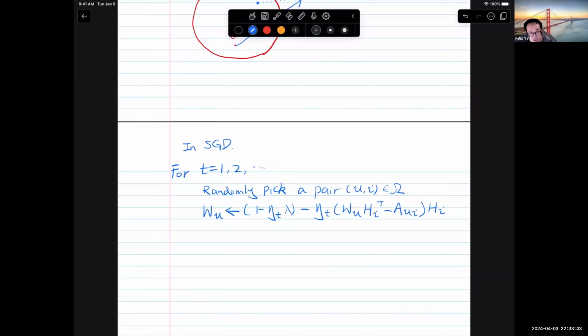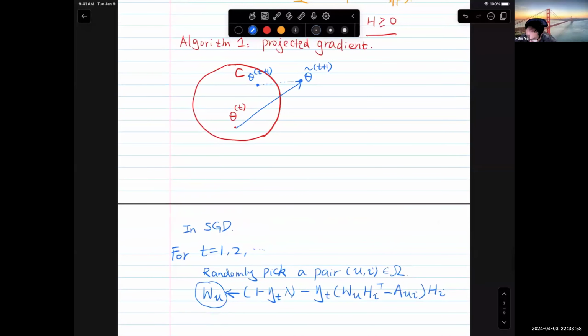But here I'm going to make a modification, because this W_u may go outside of the constraint.